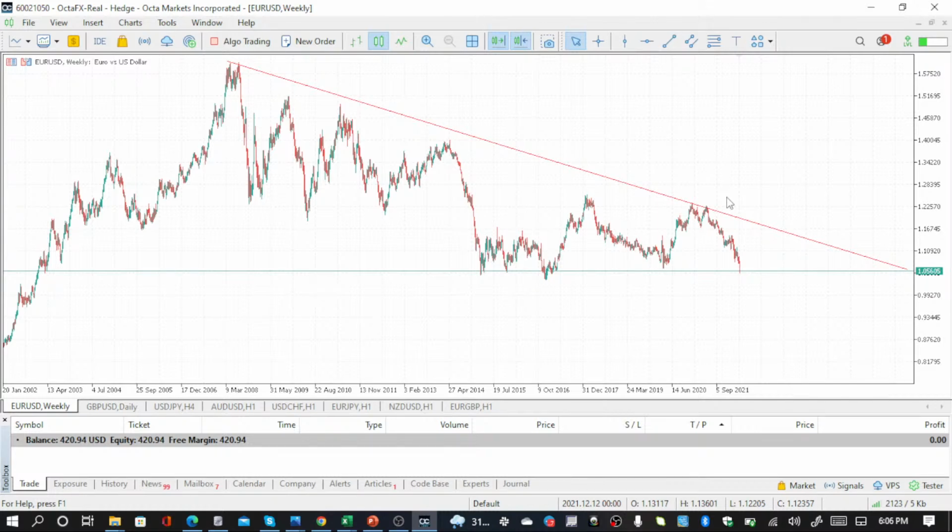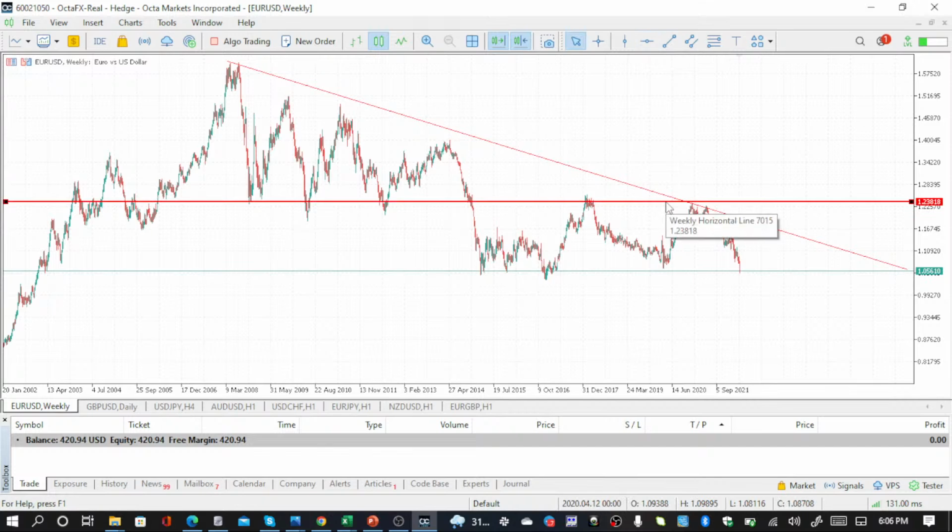Is it at a resistance level or at a support level? Currently the market is at a support level. Now let's use our trend line to map out resistance levels.